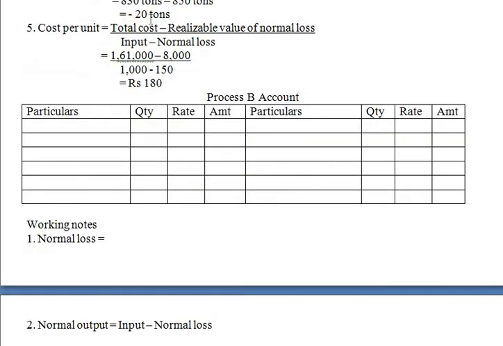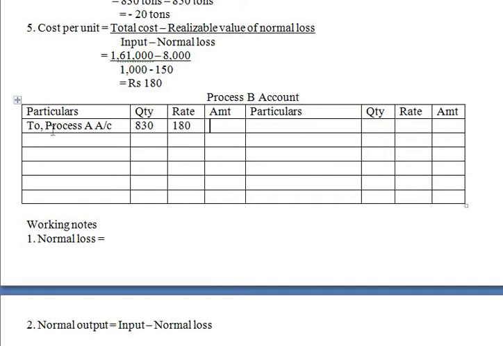Okay, now here first we are going to transfer output of process A. So here process A account. Output is 830 and the rate is 180.